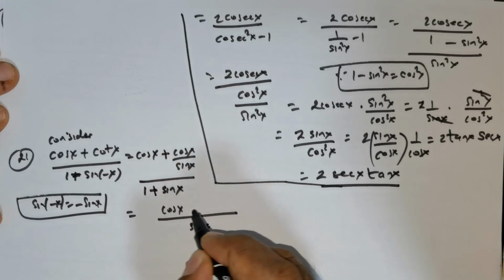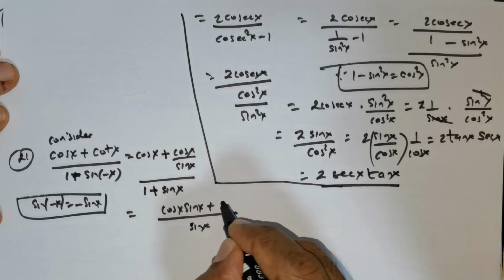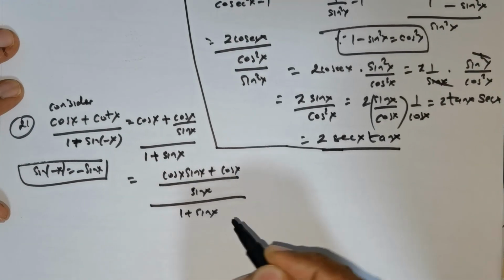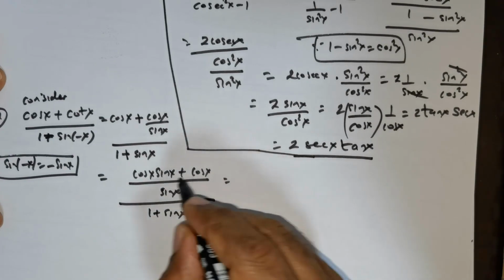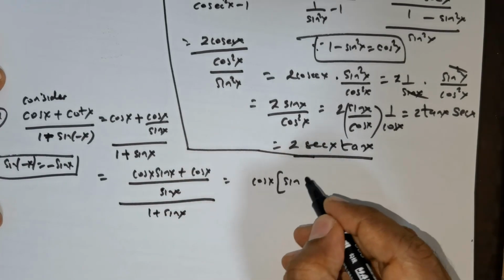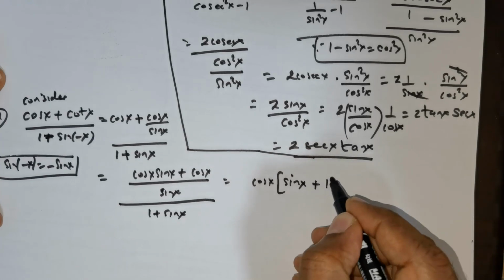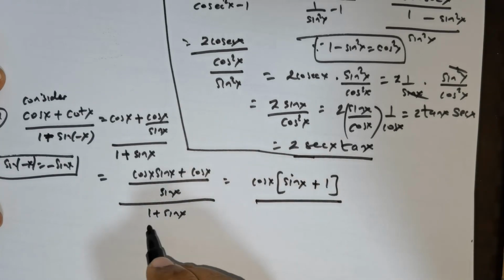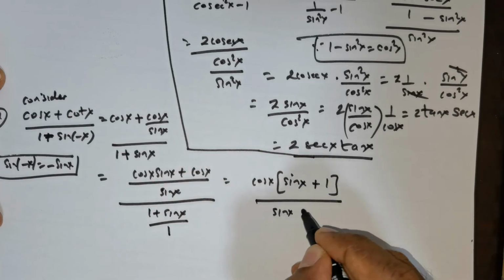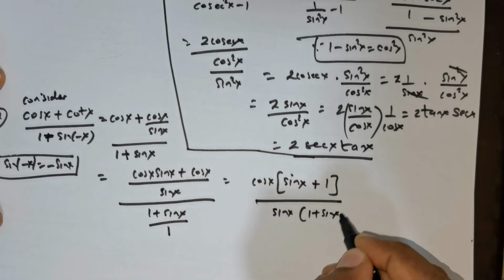So this can be rewritten as cos x times sin x plus cos x divided by 1 plus sine x. Take the LCM as cos x, so this would give you cos x of sine x plus 1 divided by, now this is actually resting over 1, so if you were to flip it, you're going to get sine x times 1 plus sine x.